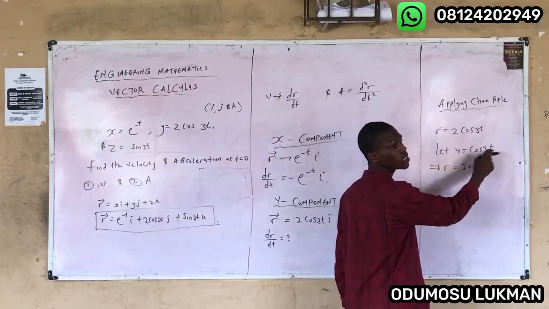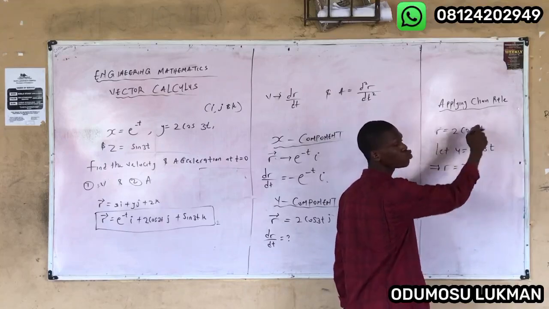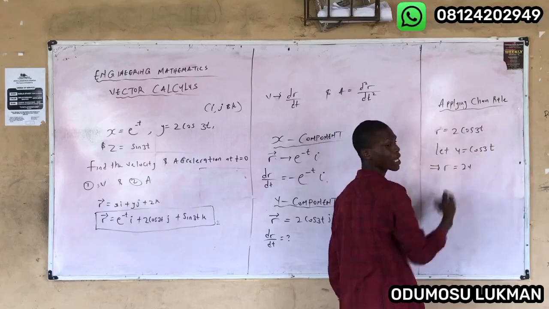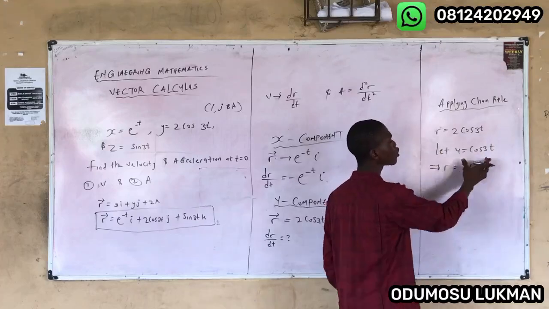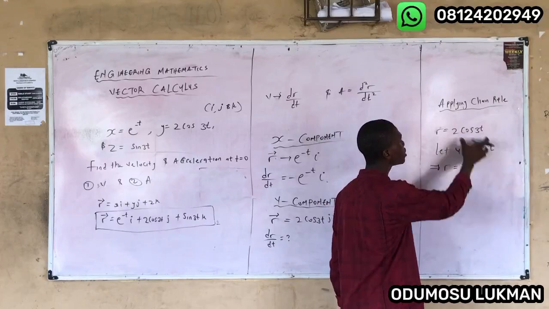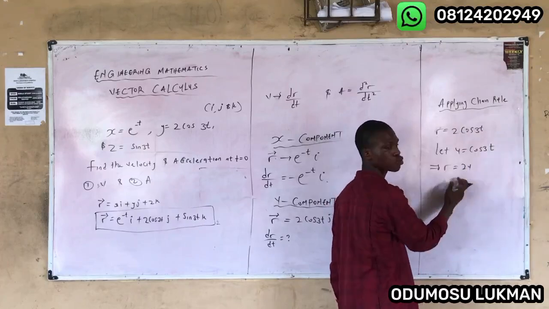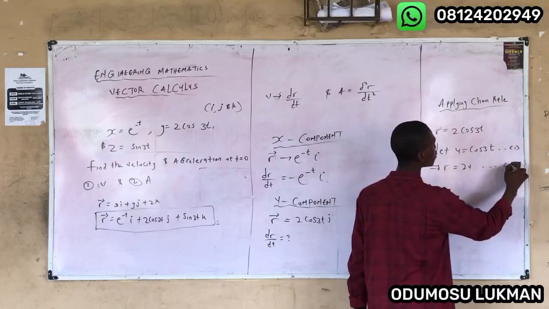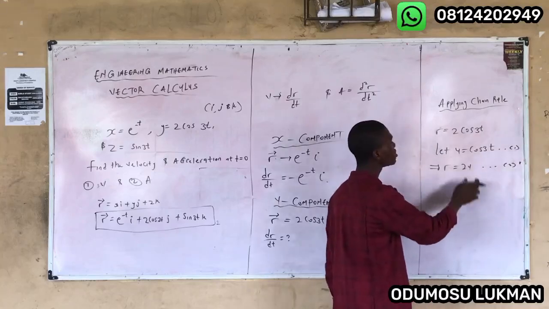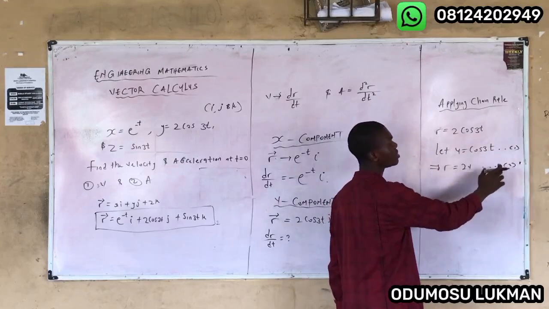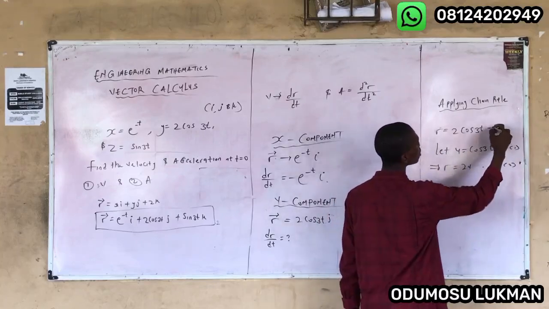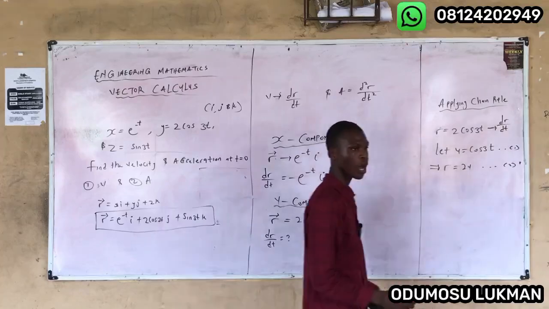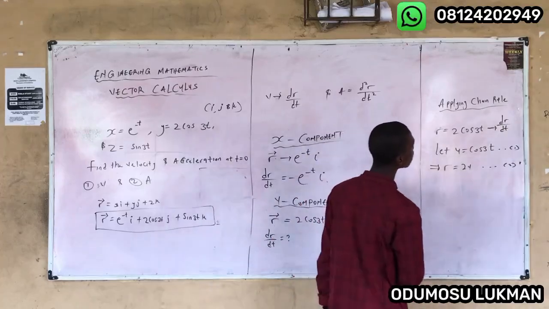Anywhere we see cos 3t, we put u there. You understand? This is the original equation, then we've made an assumption: let u equal this, meaning the original equation can be written as 2u. So I'll be working with this one and with this one. The derivative of this one multiplied by the derivative of this one will give me dr/dt.